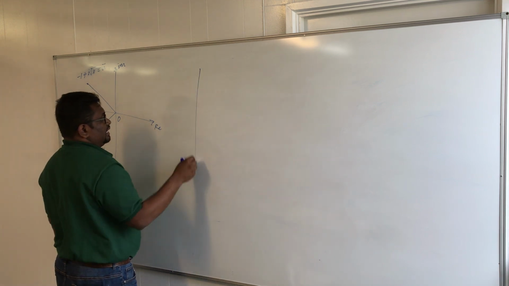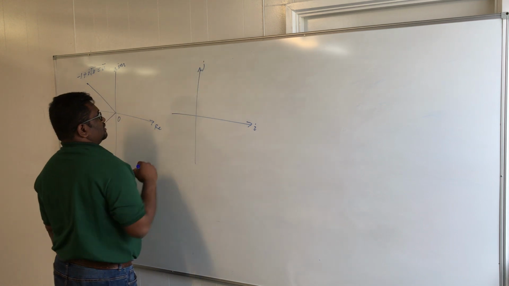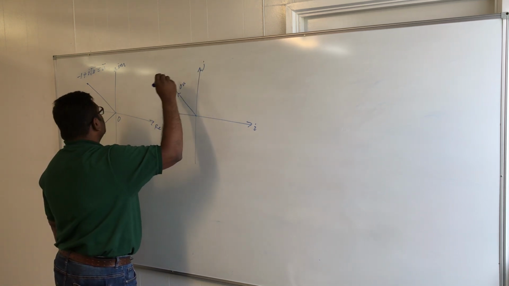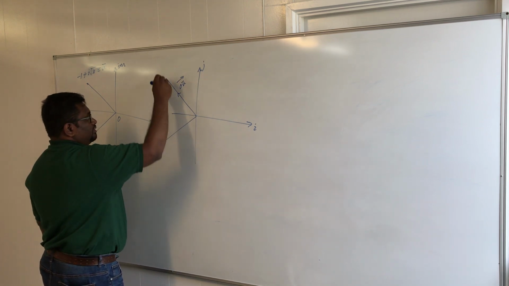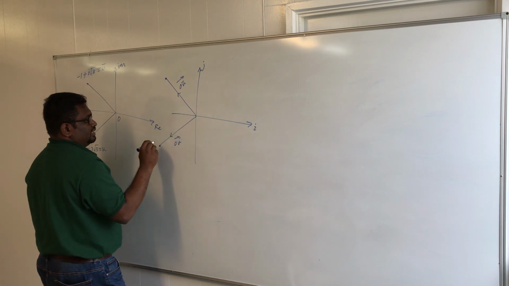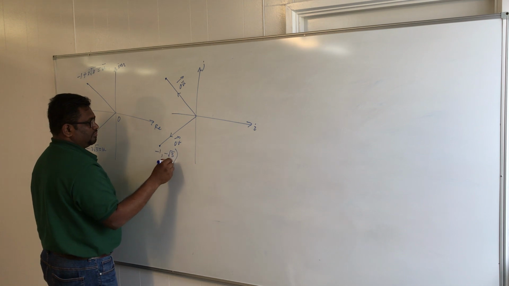Now if you convert that into i and j, it would be this, where you have OU bar vector, and here this should be OU vector. So at this point you have the coordinate minus 1 minus square root 3.